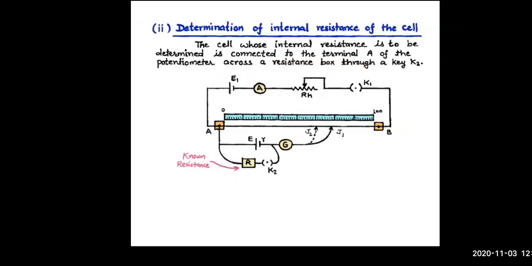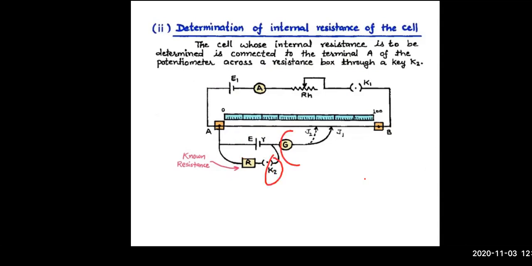Now for the secondary circuit, we have the cell whose internal resistance we need to calculate. Along with this cell we are connecting a known external resistance R along with a key, that key is K2, right?